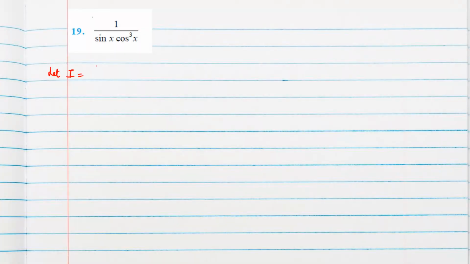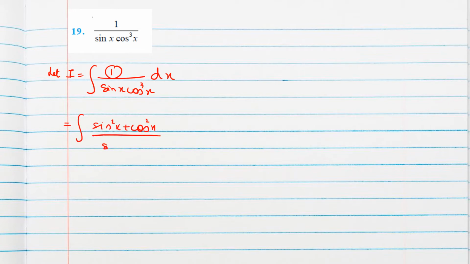Let the integral be I, 1 by sine x cos cube x dx. Now here instead of 1 we'll substitute sine square x plus cos square x divided by sine x cos cube x.